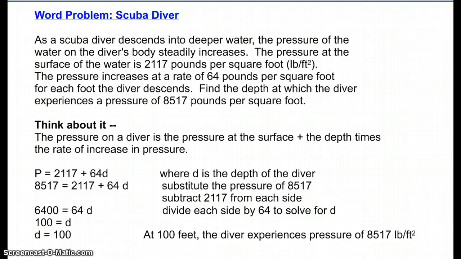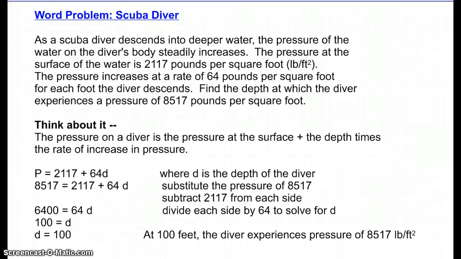And you probably knew this intuitively anyway. If you ever dived into the deep end of a pool, the deeper you go, the more pressure you feel in your ears. Well, that's what they're talking about here. They want you to find the depth at which the diver experiences a pressure of 8,517 pounds per square foot.